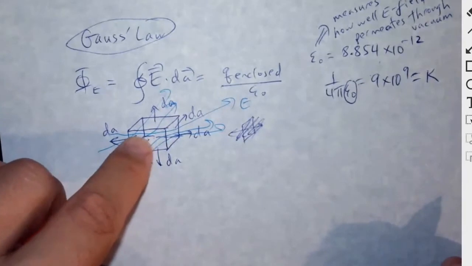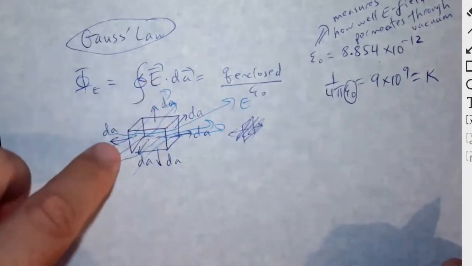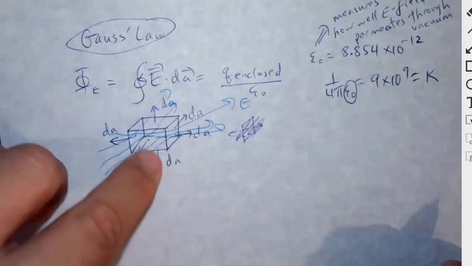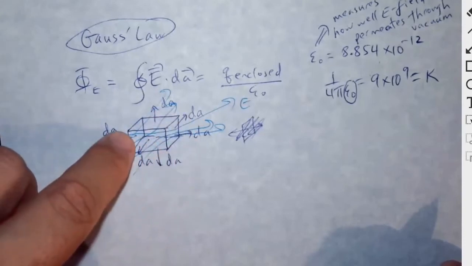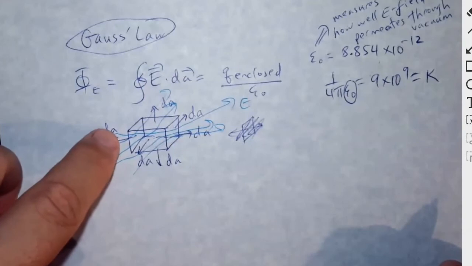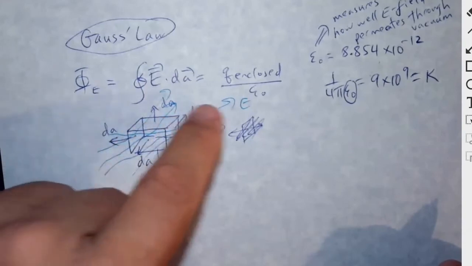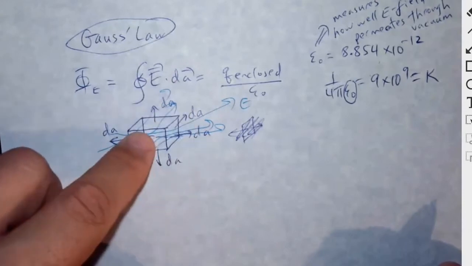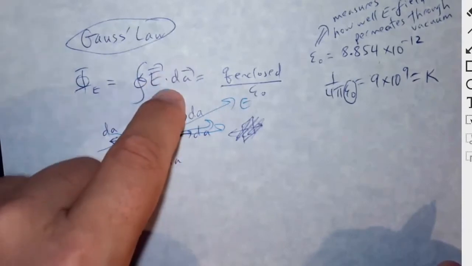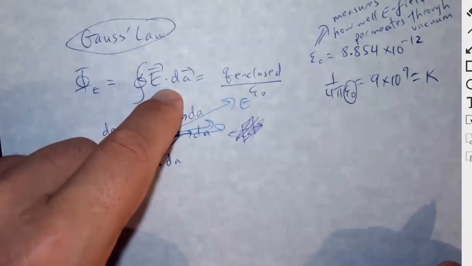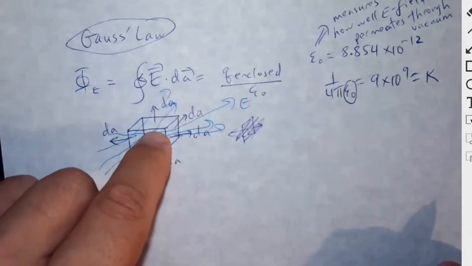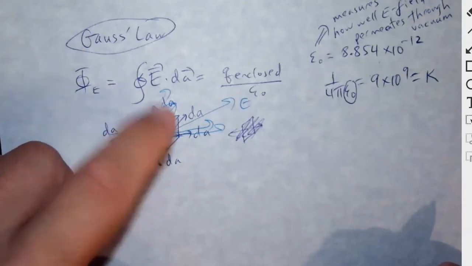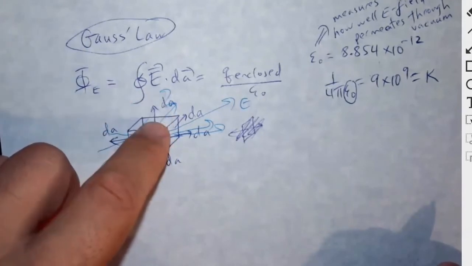Then what it's telling you is if you integrate the electric field along all that surface, along the bottom, along the left, and you take into account the direction of the dA and the direction between the E and the dA, you do all that integral, and if you get a zero answer, that means the net charge enclosed inside of that box must be zero. There's no net charge enclosed in that box.